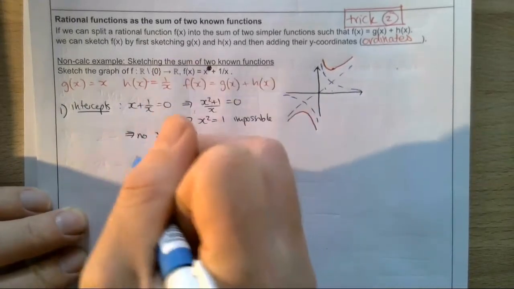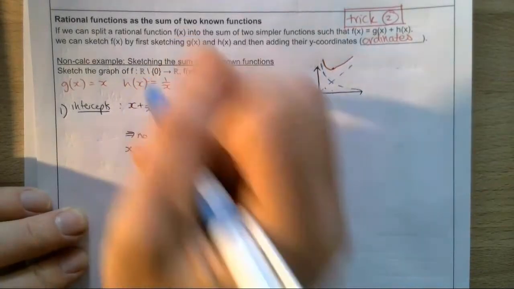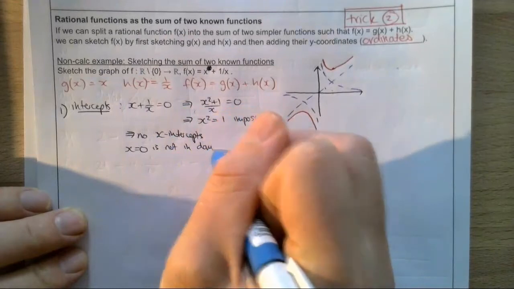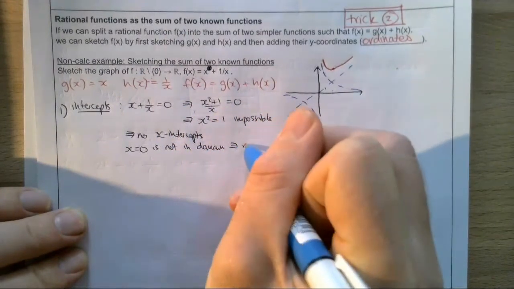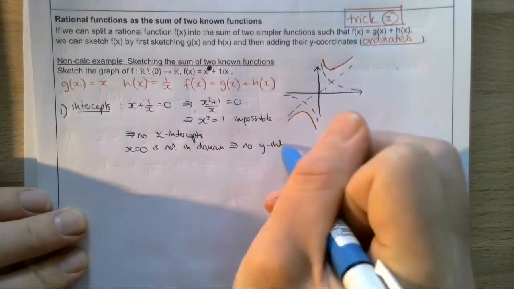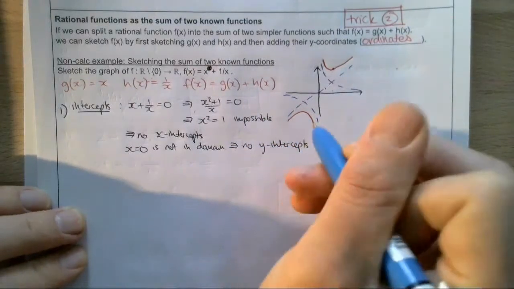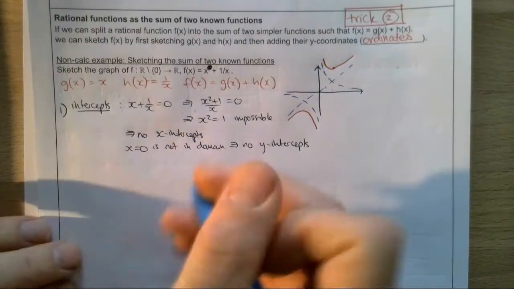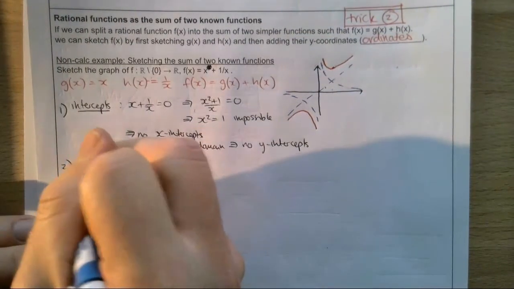And x equals 0, if we look at the domain here, is not in the domain, so no y-intercept. So I know that my function should not cross any of the axes. Second thing we're going to look at is the asymptotes.